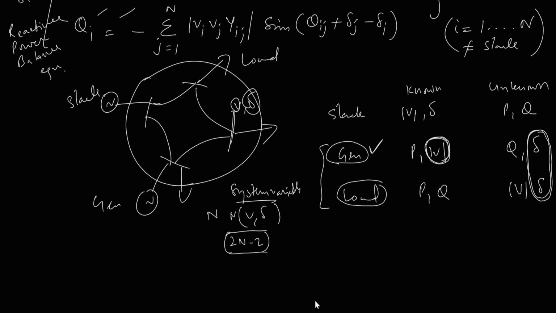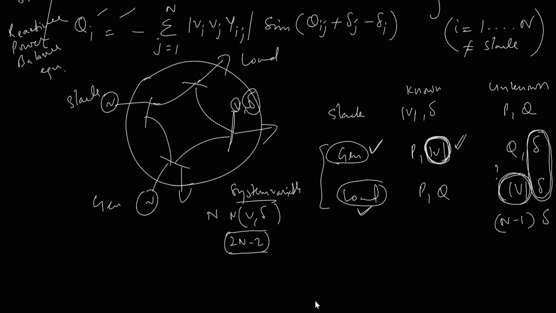How many unknowns are there? So that is n minus 1 deltas to be found, and voltages, how many voltages are to be found? At all load buses, right? But voltage magnitudes at all generator buses are already known.